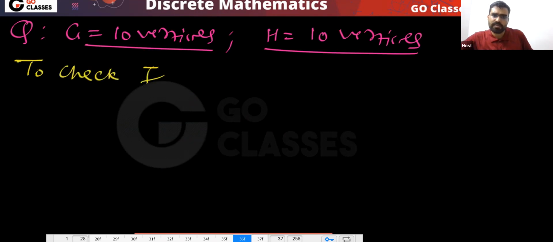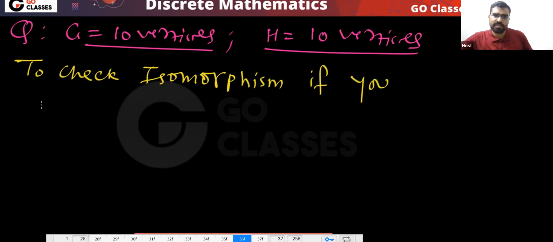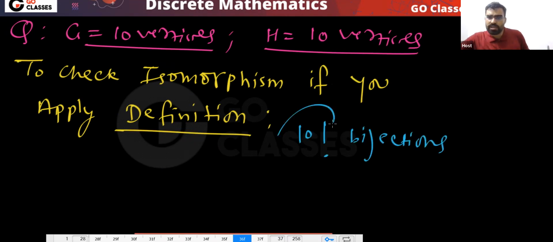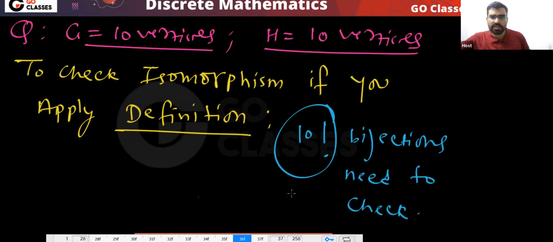You have to check 10 factorial bijections. These many bijections we will have to check, and this is a very, very huge value.